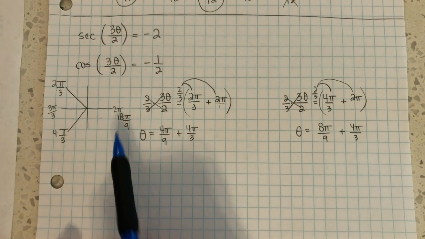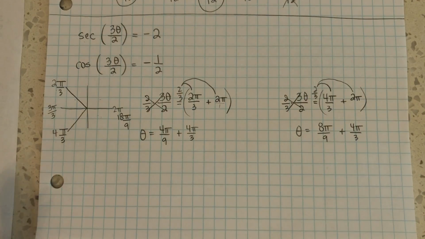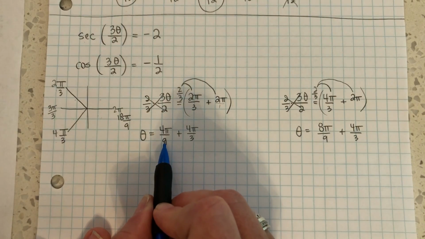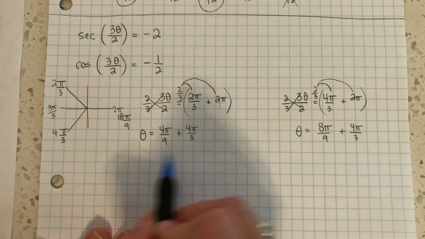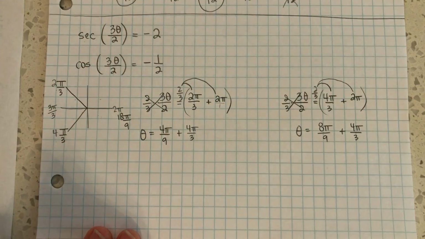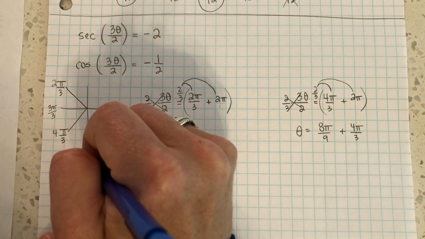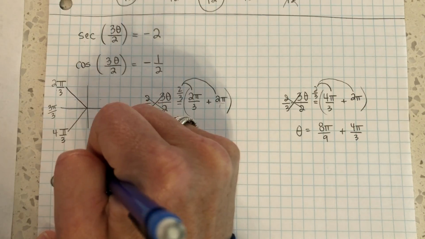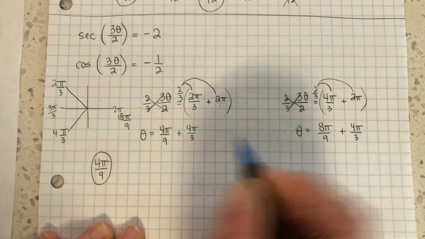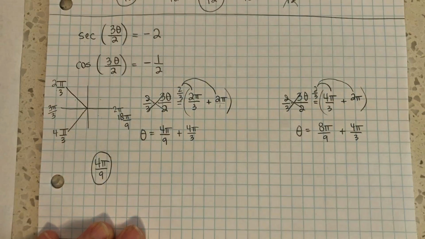So as long as our answers stay under 18 pi's over 9, they'll make this equation true. They will be in that interval from 0 to 2 pi. So all we're going to do is take this answer and start adding his period until we get beyond 18 pi over 9 radians. Take 4 pi over 9, your first answer. Circle him because he is your first answer. And now let's start adding the period to him to get more answers.